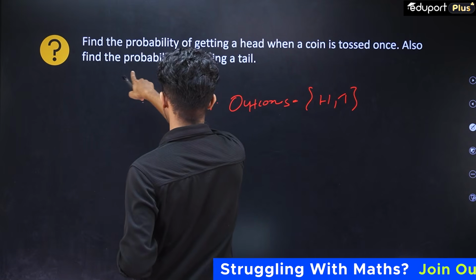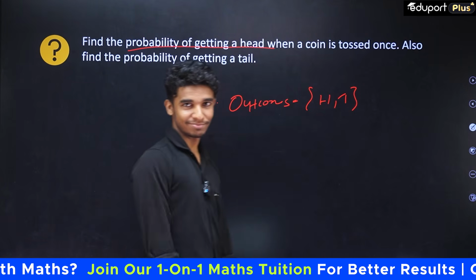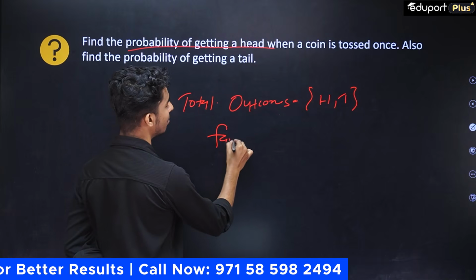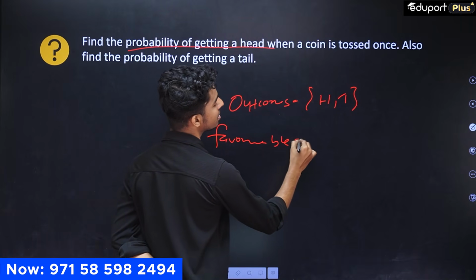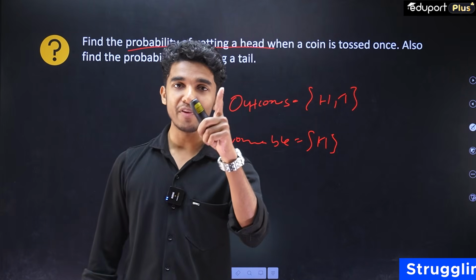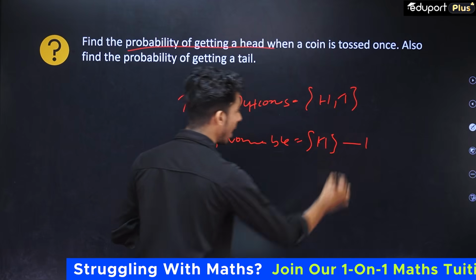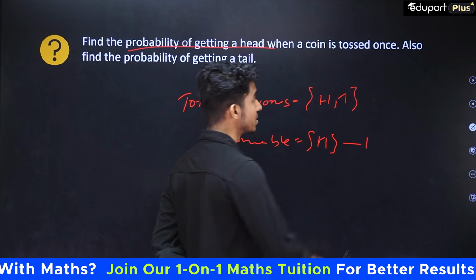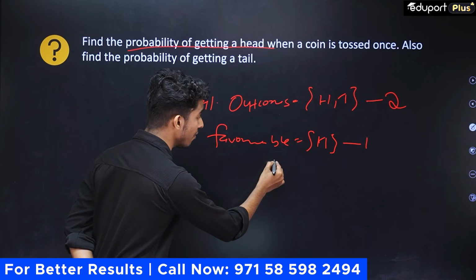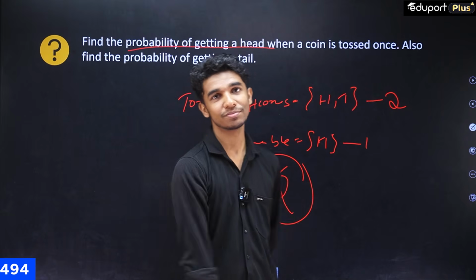We are asked to find the probability of getting a head, so our favorable outcome is head. How many favorable outcomes are there? Yes, it's 1, and the number of total outcomes is 2. So our probability is the number of favorable outcomes divided by the total number of outcomes: 1 by 2.